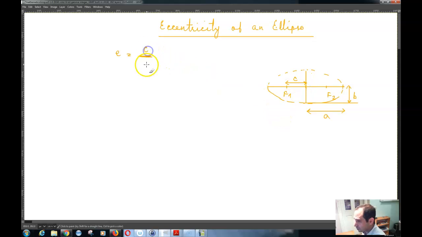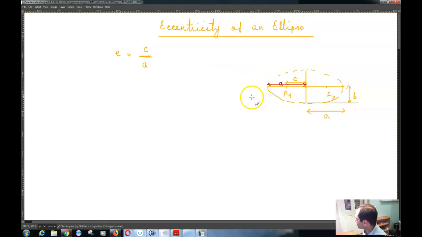Now basically the ratio of C to A, so this is C, and this over here is A. So the ratio of C to A is always less than or equal to 1, because C cannot be greater than A, but it is always less than or equal to A. So C to A is called the eccentricity of an ellipse.